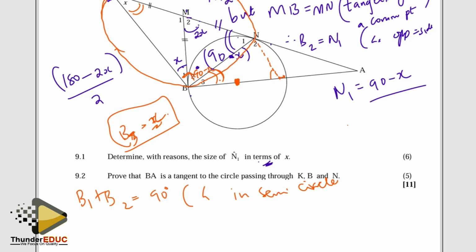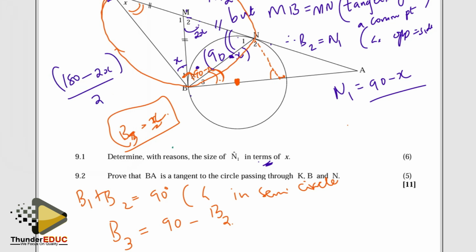Then if that is true, which triangle should I focus on? We can have B3 being 90 minus the B2.